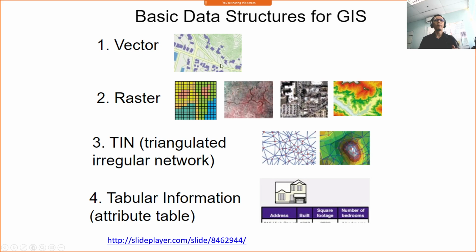And then you got raster, for example taburan hujan, and the green, taburan hutan, things like that. Usually these are remote sensing data. And also a triangulated irregular network. So basically that's the basic data structure for GIS.